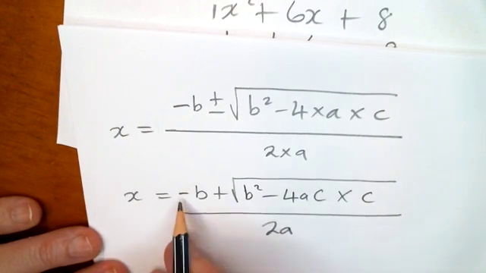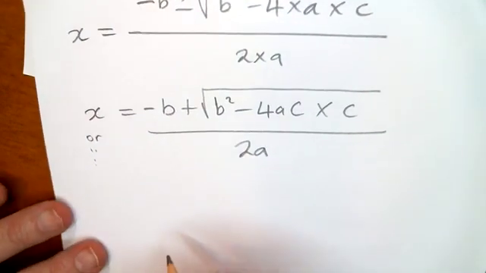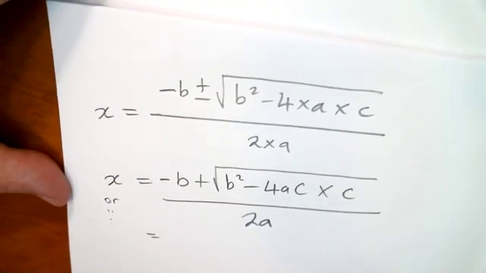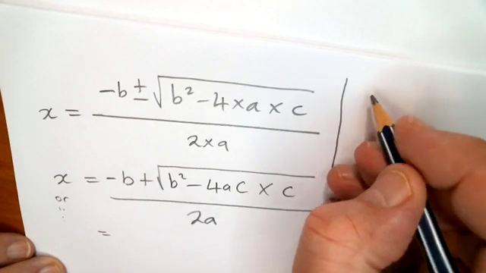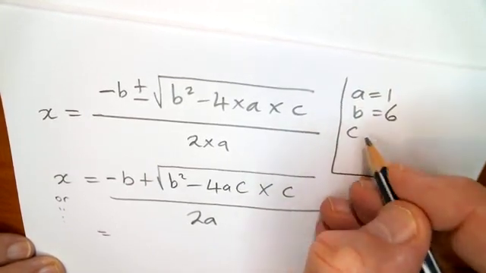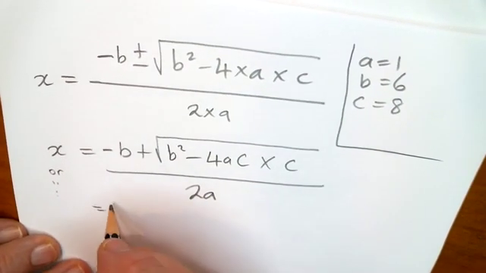So I've got b squared minus 4ac, all over 2a. So x equals that, or x equals the one with a negative in. So let's just do the one with the positive first. Now we've already decided that we've got, and I'll just write it in on the side here, an a of 1, a b of 6, and a c of 8. So let's add those in now. So I've got negative b, what's b going to be?